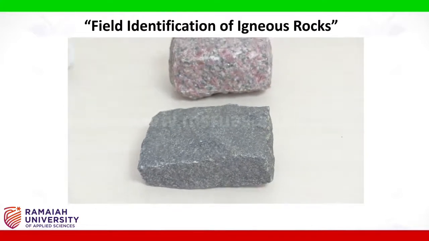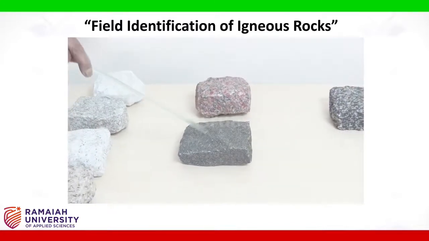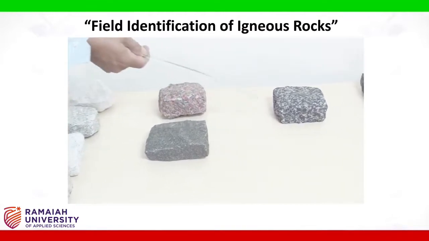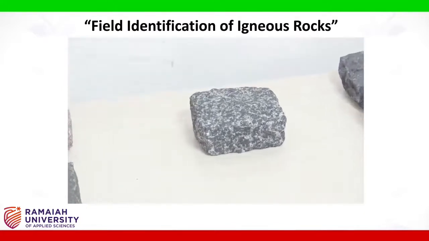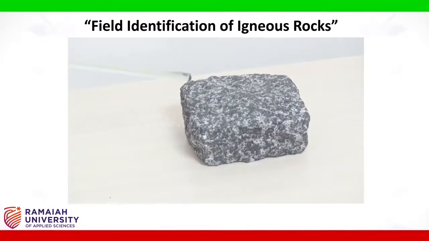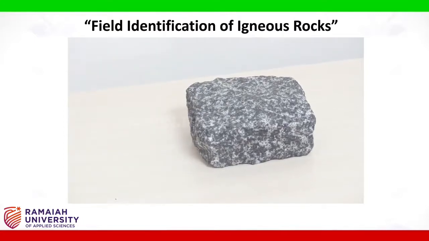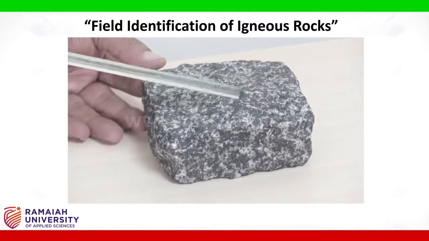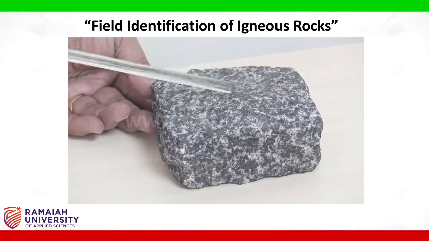There will be enhancement of the iron magnesium minerals, that is hornblende and biotite, in relation to quartz and feldspar. The next category of rock is the basic rock, or what we call mafic rocks. It has an enhanced amount of dark minerals. They are basically pyroxenes.